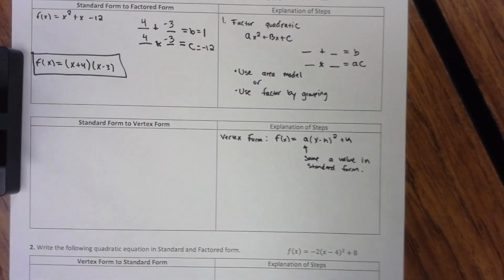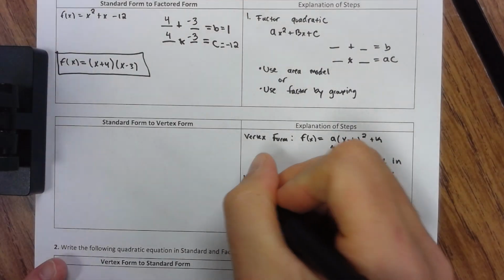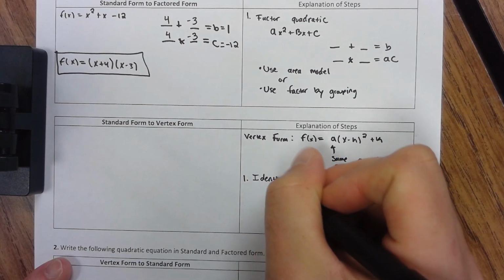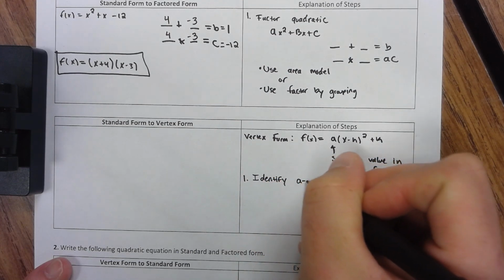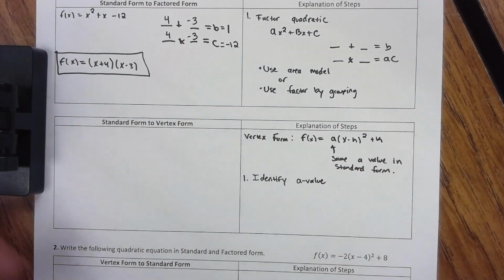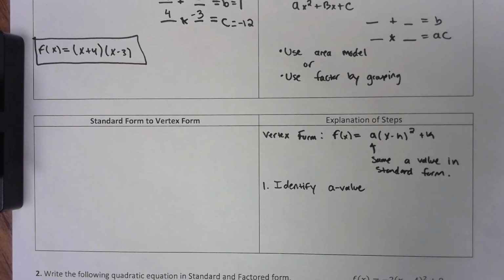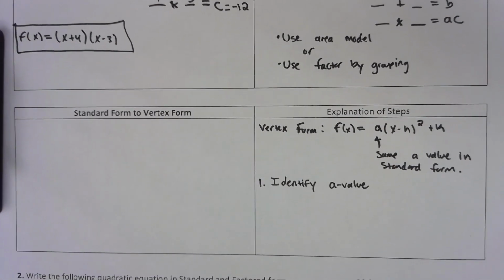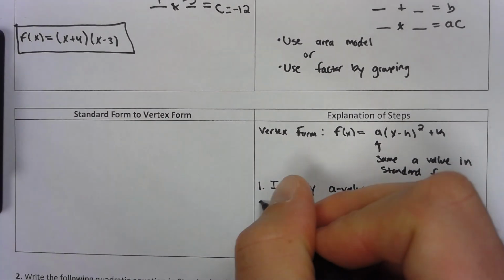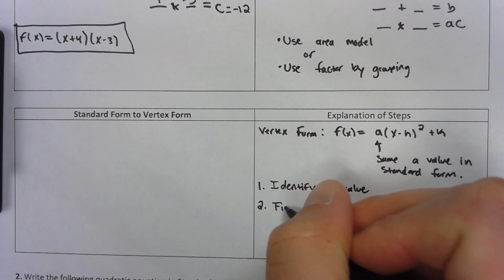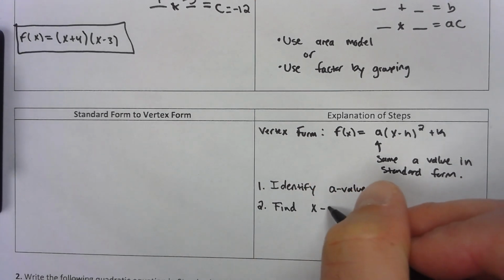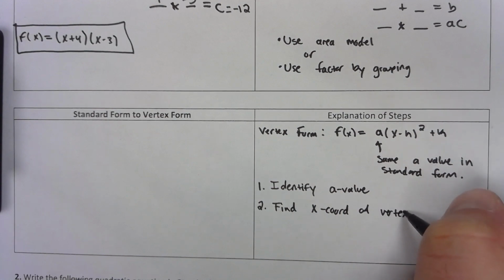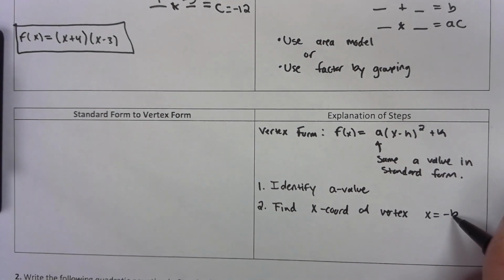Okay, so let's make a note that the first thing we're going to do is just identify the a value. Yeah, I can zoom in a little bit. Okay, identify the a value. Then step 2, we're going to find the x coordinate of the vertex, which we do by using negative b over 2a.